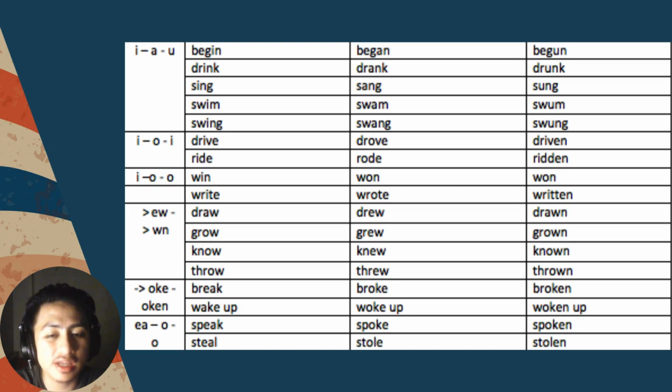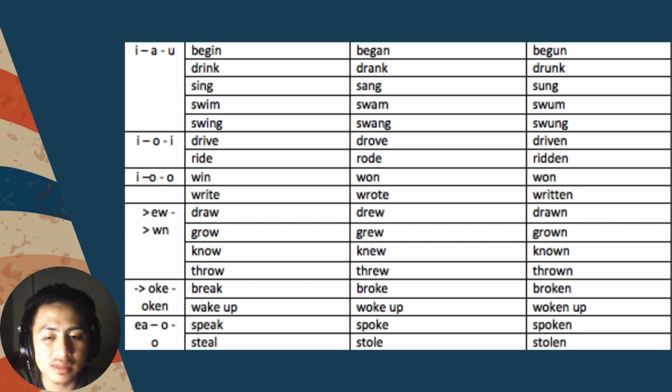So it is to be changed to own. For example, the base form of the verb draw is changed to drawn. Same goes with grow becomes grown, know becomes known.